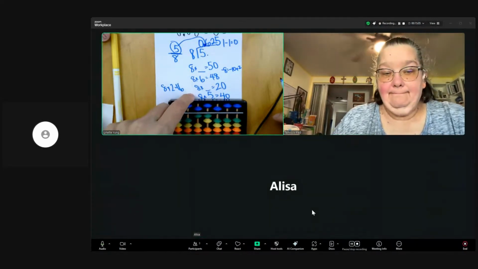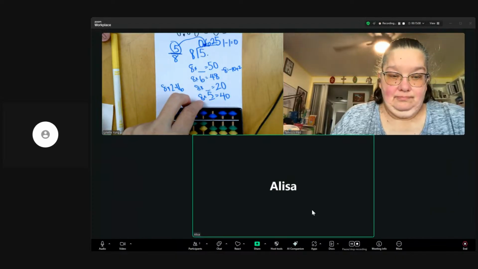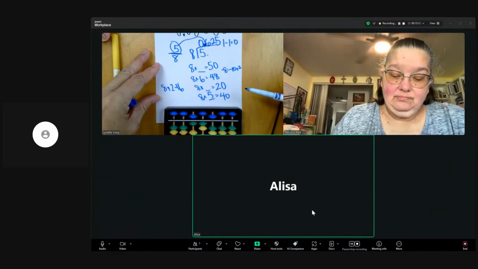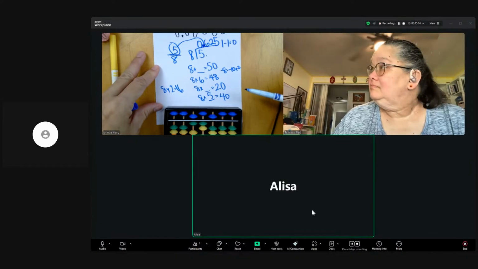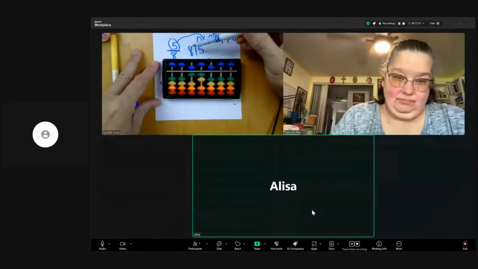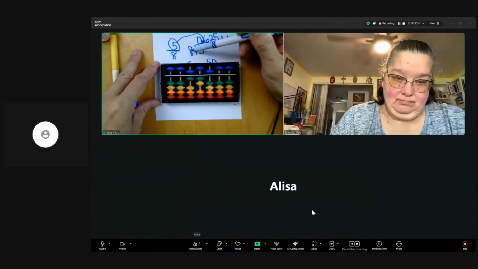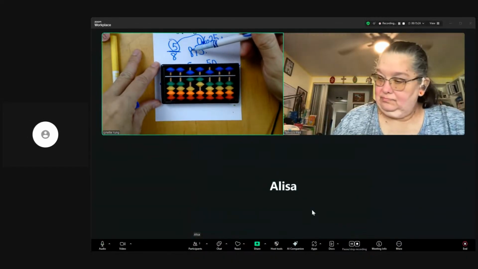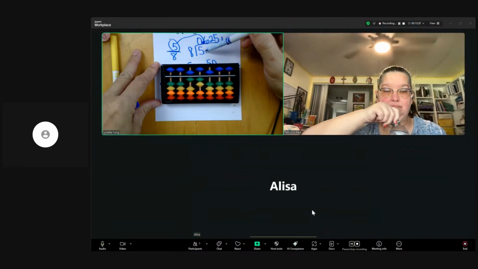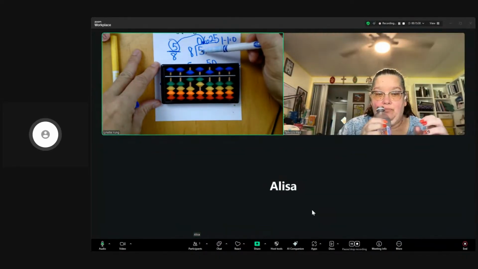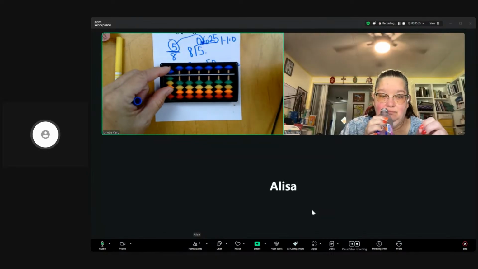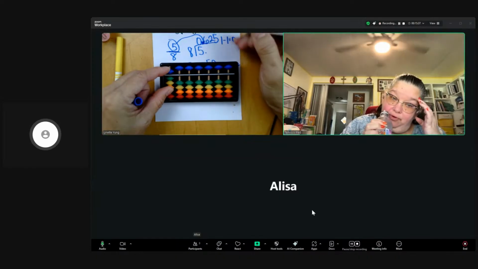Do you remember? So the 8 is our denominator, right? That's going to be our divisor. The divisor will happen here. I want to make sure there's 8. We put our dividend.